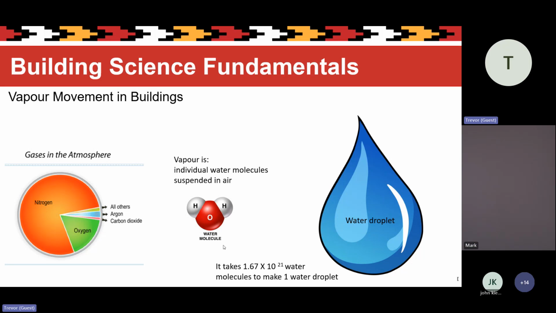And just for reference, it takes about 1.67 times 10 to the 21 water molecules to make one water droplet. So obviously this isn't something we can see. This is something that exists in the air, but as we get into things like condensation, we can start to see it and start to see the effects of it. And it can be quite negative on our buildings if we don't understand it and control it properly.